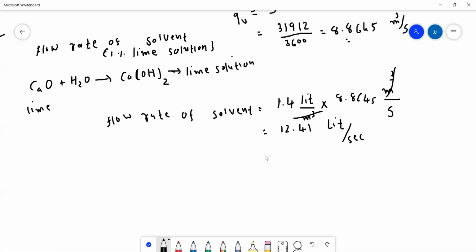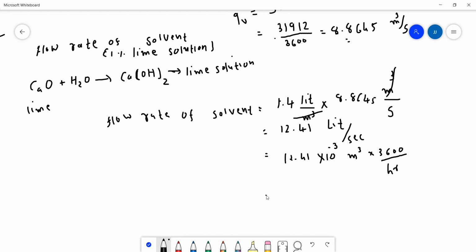So this is equal to 12.41 multiplied by 10 raised to minus 3, so the liter is converted into meter cube, and per hour, we have to multiply by 3600, so the second is converted into hour.